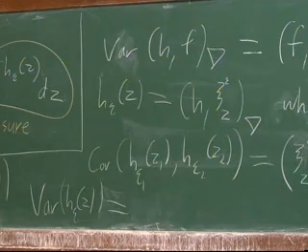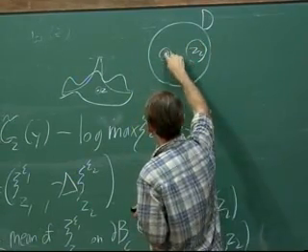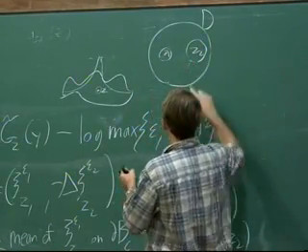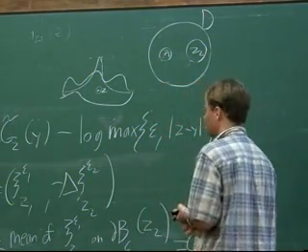And what I get is just the value of this log function minus this harmonic extension of the log on the boundary. That value is sometimes called the conformal radius.